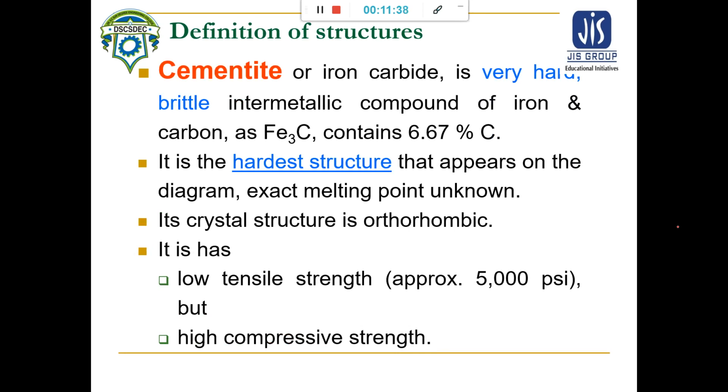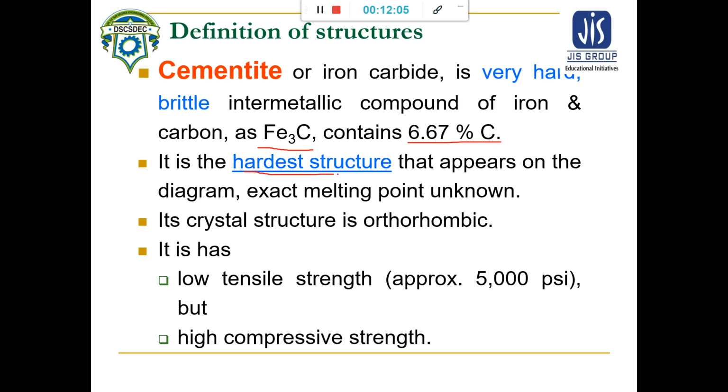Next, cementite, or iron carbide. Cementite is not a solid solution nor a mixture. It is a compound, an intermetallic compound. The chemical name of cementite is iron carbide. It is a very hard and brittle material. The chemical formula for cementite is Fe3C. It contains 6.67% of carbon.